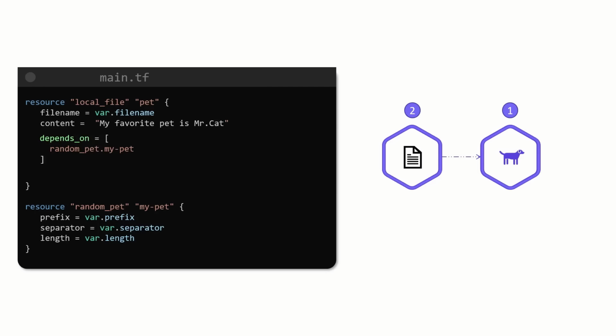Here, we have added a depends_on argument inside the resource block for the local_file. And we have provided a list of dependencies that include the random_pet resource called myPet. This will ensure that the local file is only created after the random_pet resource is created. This type of dependency is called an explicit dependency.